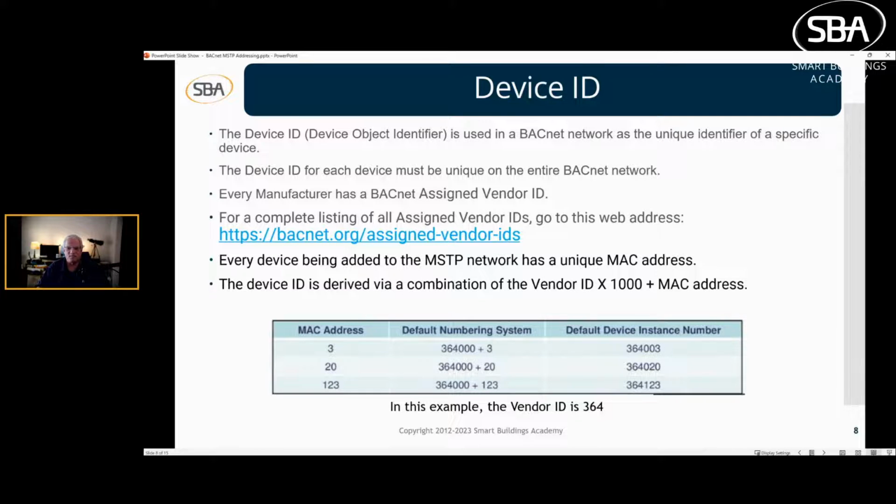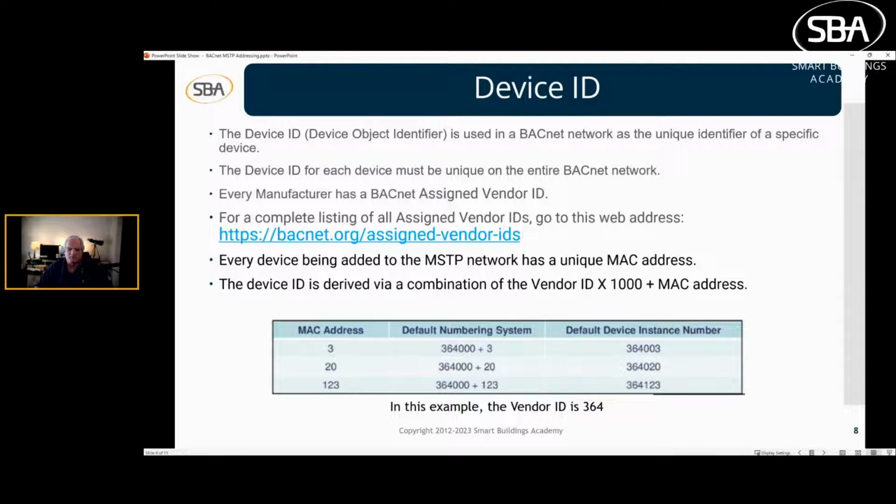So here's an example of one. Let's say my device has a MAC address of 3 and my vendor ID is 364. I multiply 364 by 1,000, which gives me 364,000, and I add the MAC address. My default instance number for that device is 364,003.